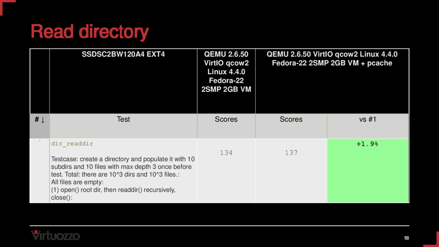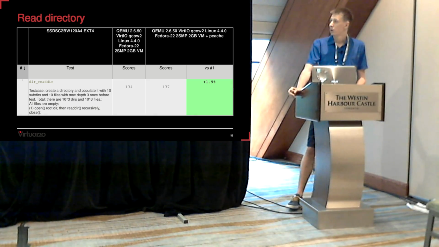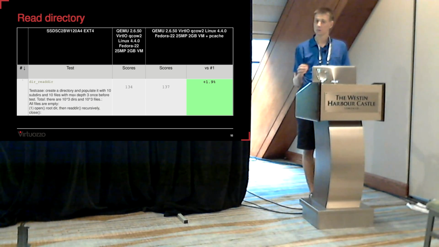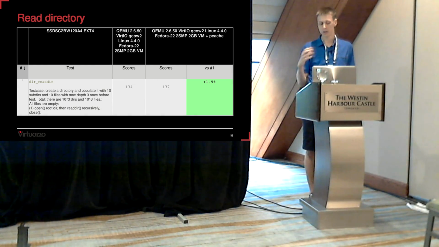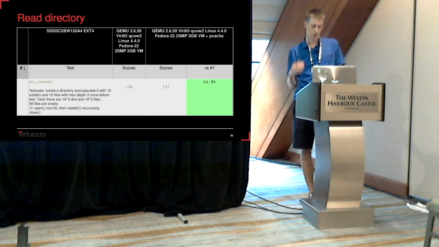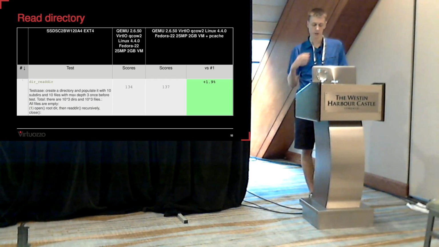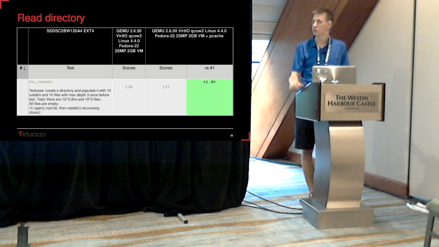A small but positive effect of pcache was seen when reading directories. The test iterates through a tree of directories with a total of 1,000 directories and 1,000 files. By the test result, on average, recursively walking the directory tree with pcache is 2% faster.